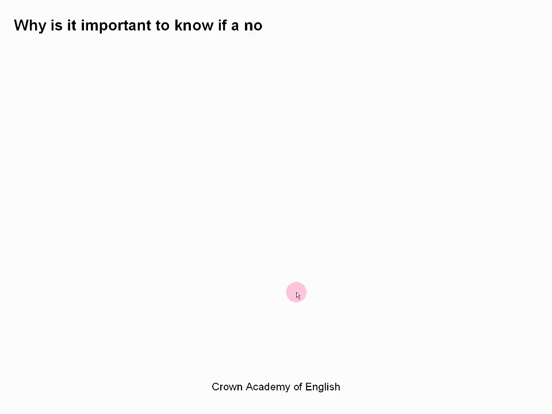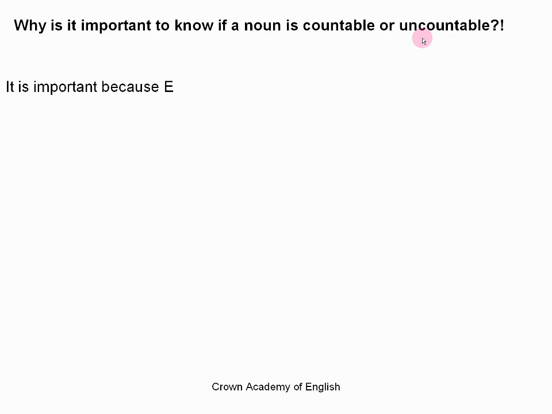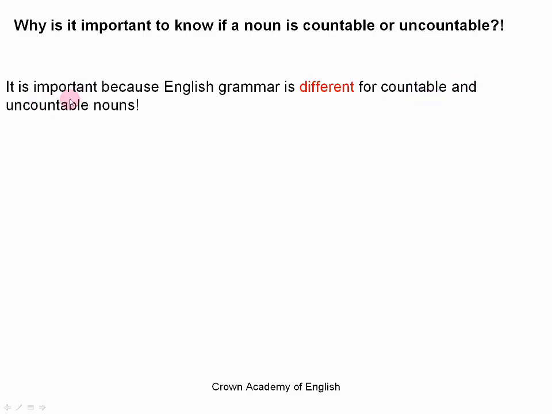And finally, why is this important? Why is it important that you learn if a noun is countable or uncountable? Well, it is not just theory. It is very important because English grammar is different for countable and uncountable nouns. It is very different.